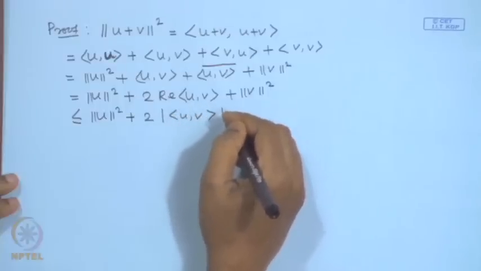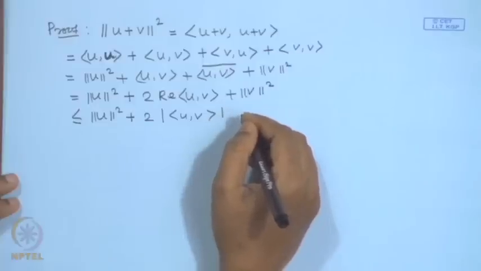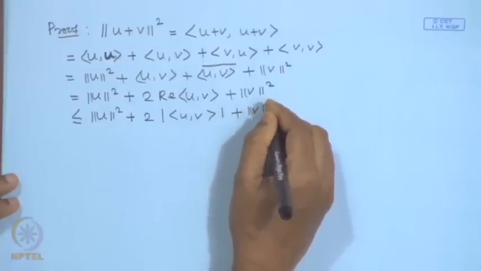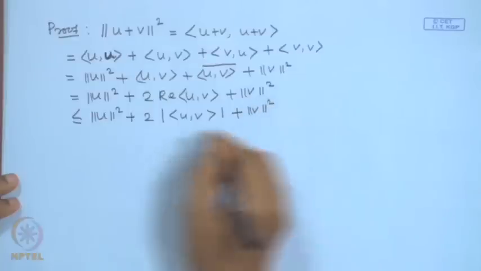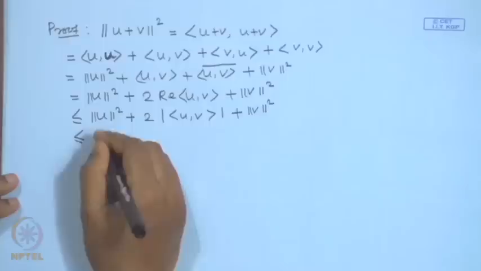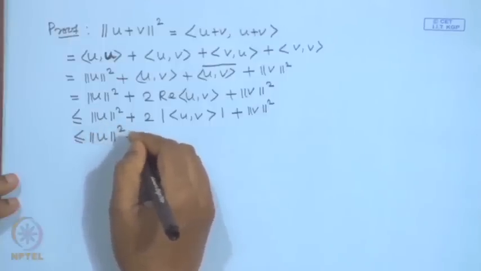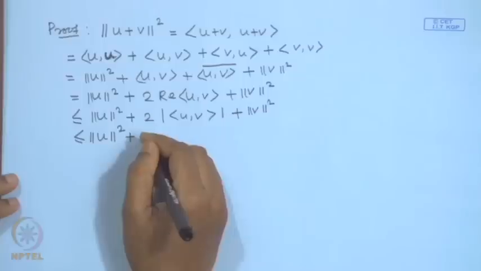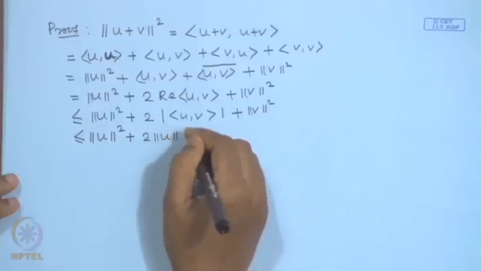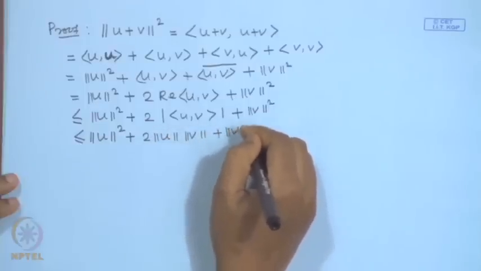So, this follows from that property of complex numbers again, plus the square of norm of v, and from the Cauchy-Schwarz inequality, we get that this is equal to the square of norm of u plus twice norm of u into norm of v plus the square of norm of v.